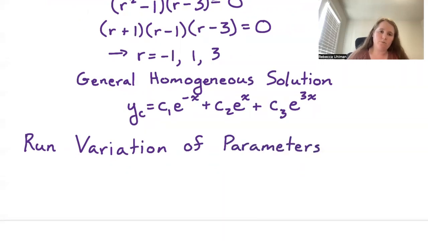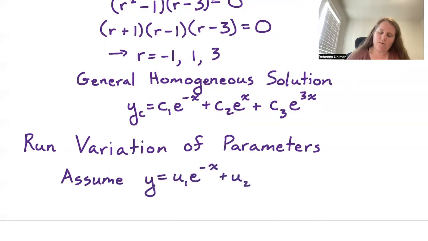So running variation of parameters, we're going to assume that y is equal to u1 e to the -x plus u2 e to the x plus u3 e to the 3x.